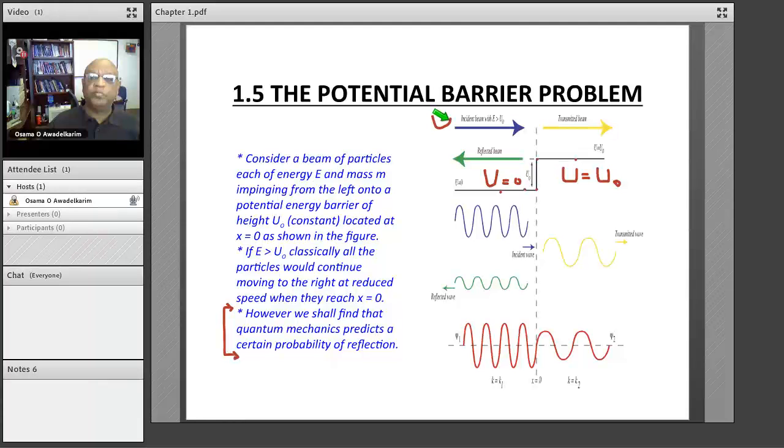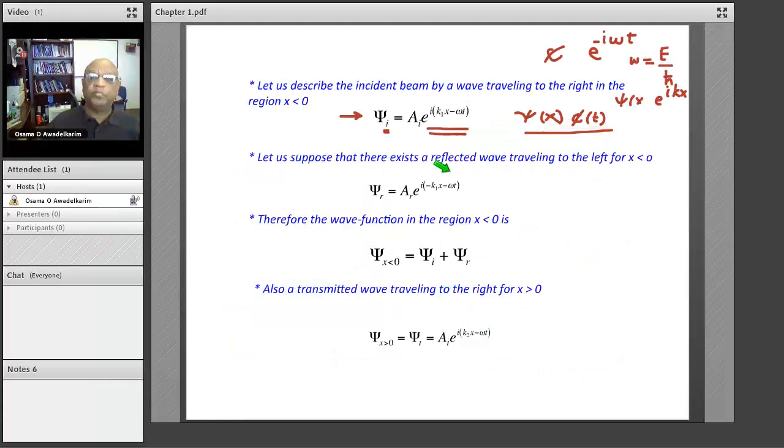So this wave is psi I, the incident wave. And our wave number here is K1, okay? So in that case, what we have is A_I, that's the amplitude for the incident wave, A_I e^(i(K1 x minus omega t)).